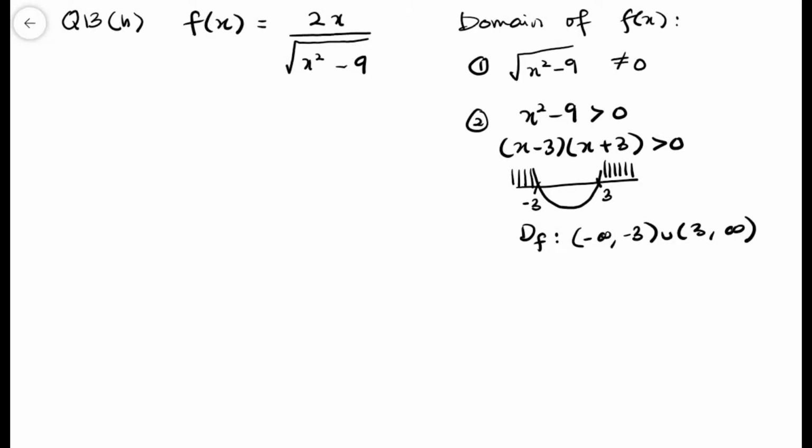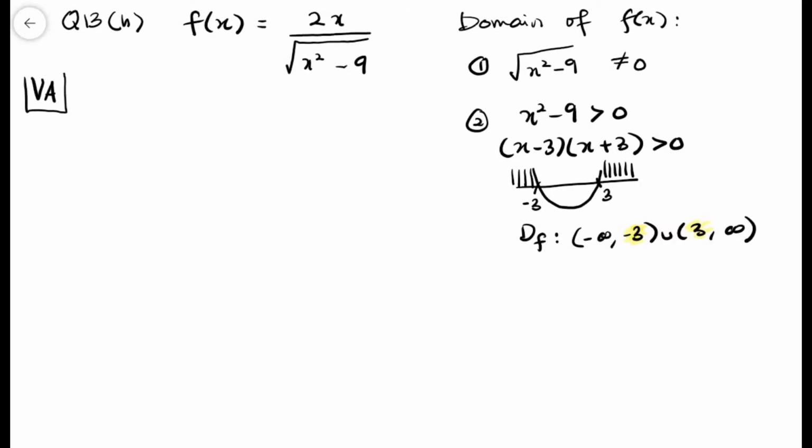So when we get the domain, what you should notice is you need to check the limit as x approaches negative 3 from left and right, and also x approaching 3 from left and right. Okay, so we look for the vertical asymptote first.